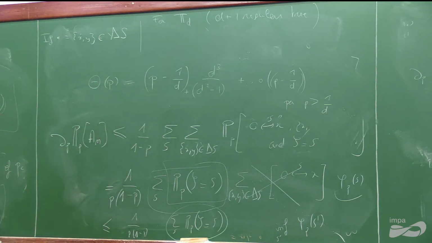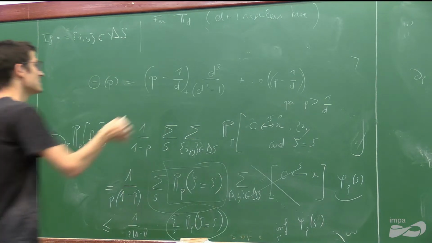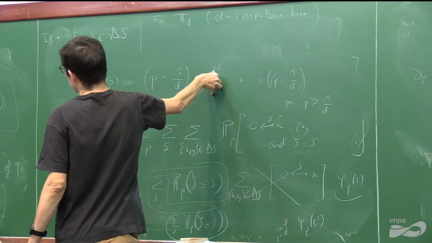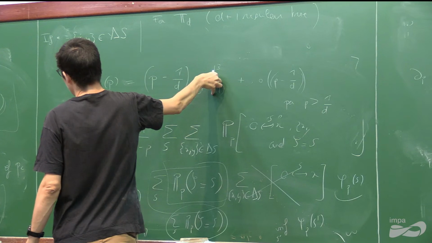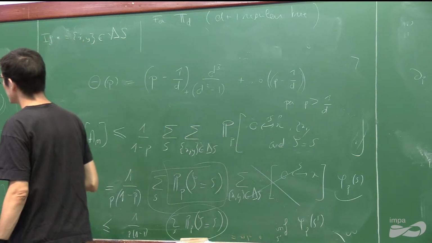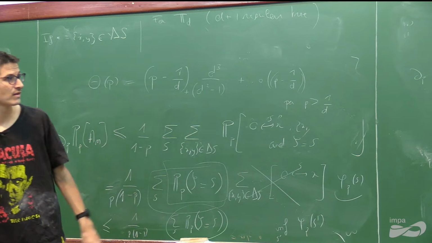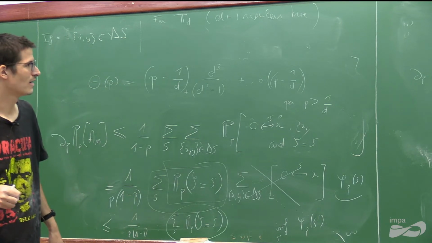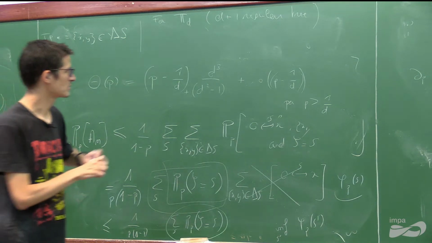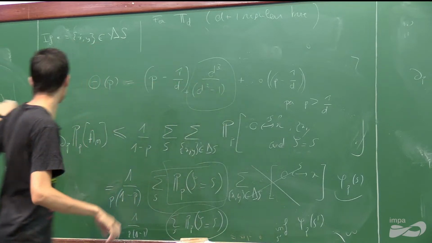And you can now check that this constant you get here is not the one you get from this proof.